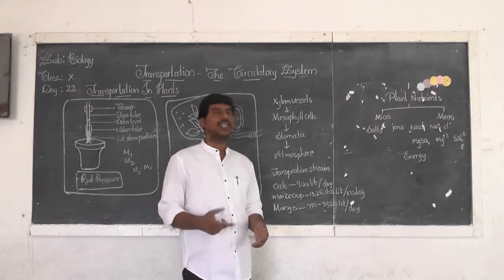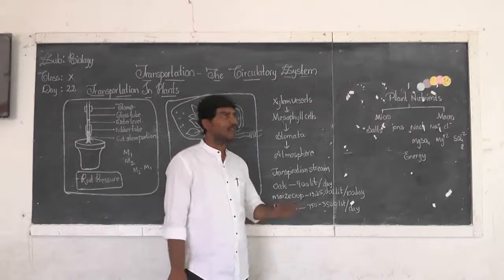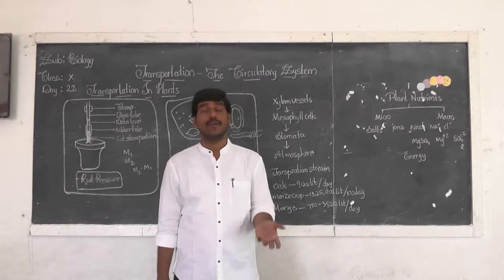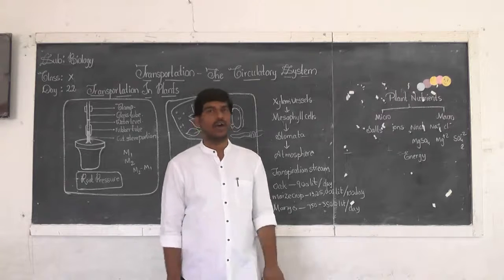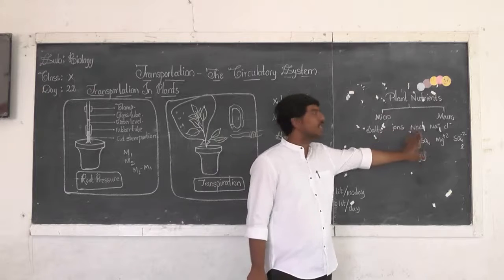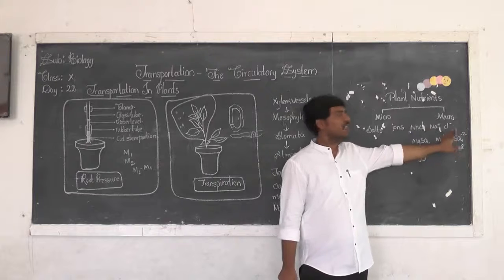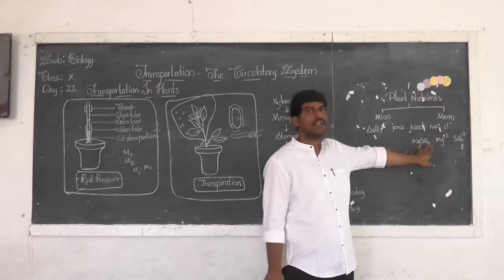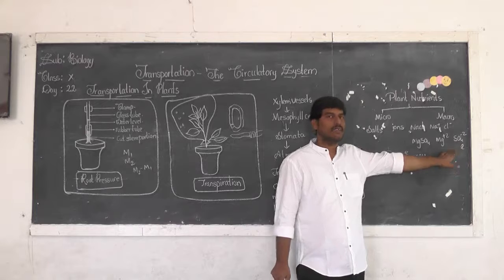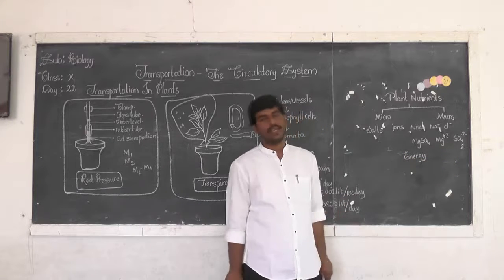And these salts are not taken directly as salts, they are absorbed in the form of ions. For example, sodium chloride is absorbed in the form of Na plus and Cl minus. In the case of magnesium sulfate, it is absorbed in the form of magnesium ions and sulfate ions. So like this, they are absorbed in the form of ions.